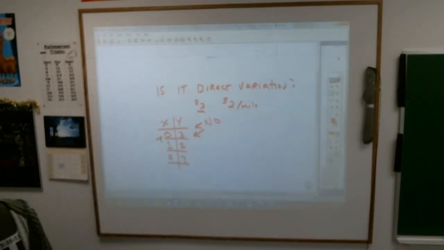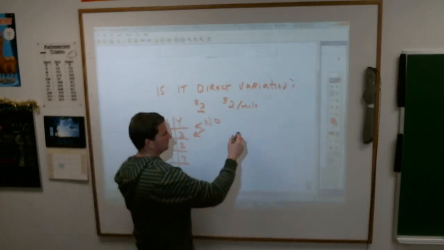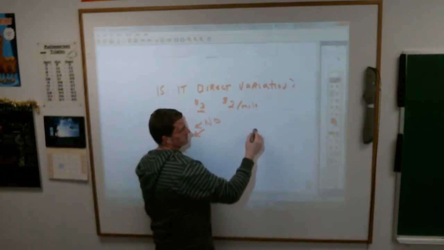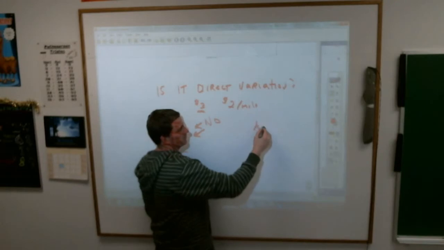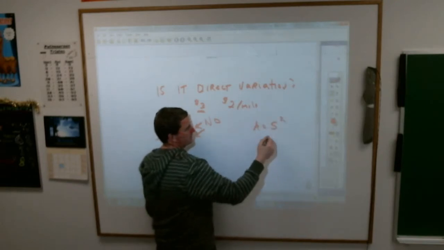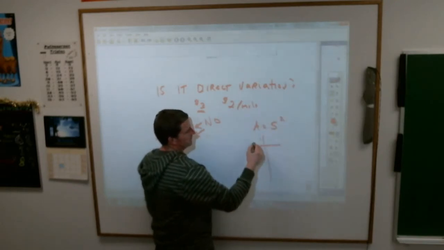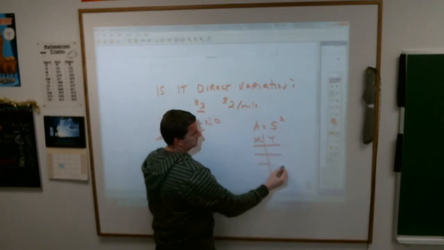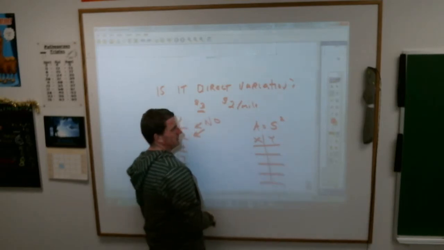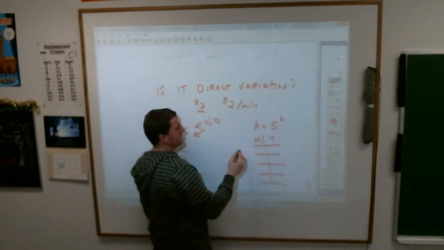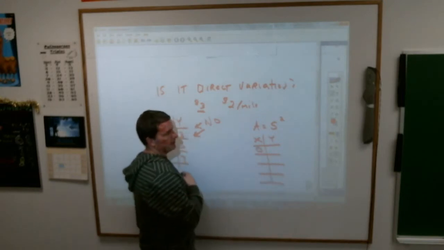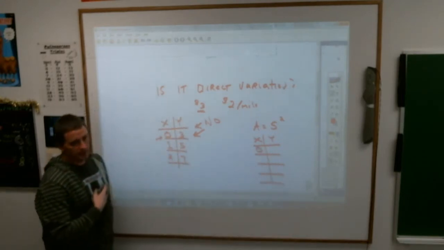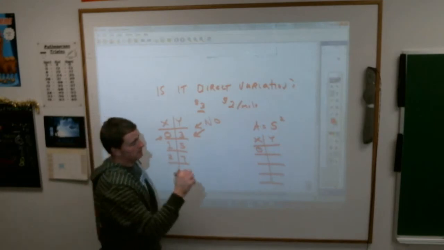How about the area of a square? How do we find the area of a square? You take the side and square it, right? Let's look here. This one I think will make you happy. If you have a square that has a side of 0, what's its area? Wow.